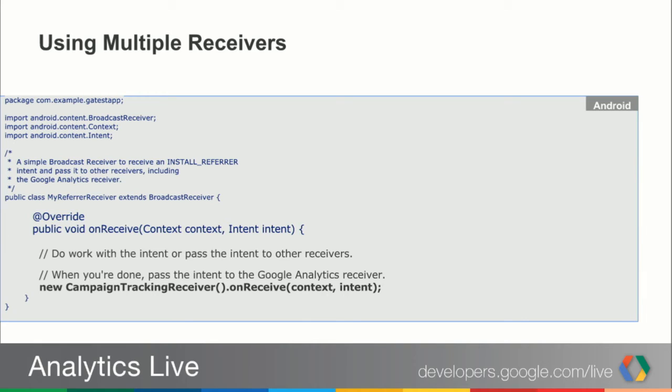You can call its onReceive, and then pass it the context and intent. So you're not adding a new receiver to your Android manifest file. You're just going to take what you already have, and when you're done with whatever you're doing with that intent, just instantiate the GA receiver and call onReceive and pass it the intent. And that'll be good enough.